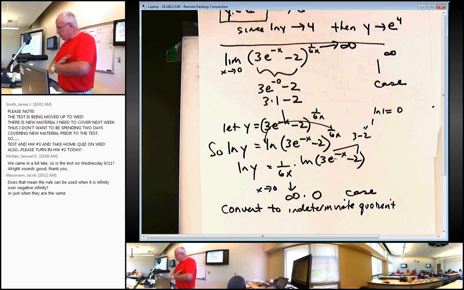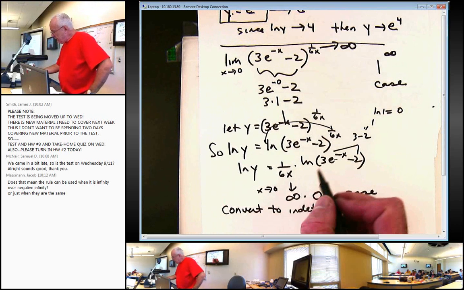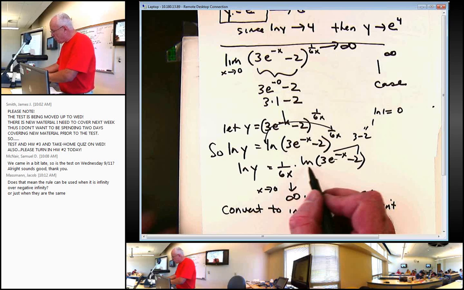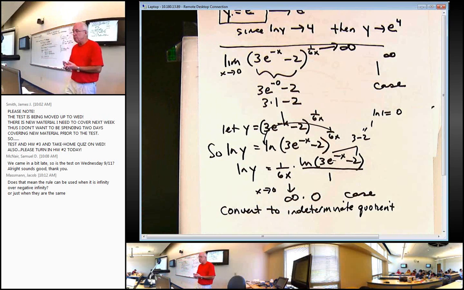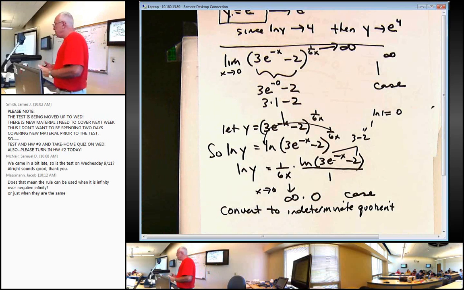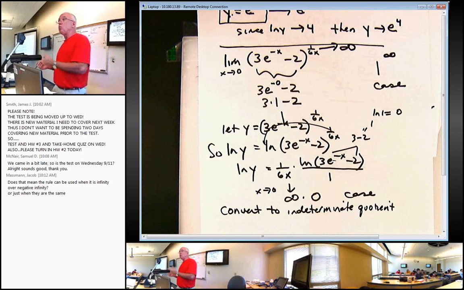Notice we already have a numerator and a denominator kind of built in here. 1 over the 6x can be our denominator, and the ln can be our numerator. All right, and that is the case that'll work out best for you.